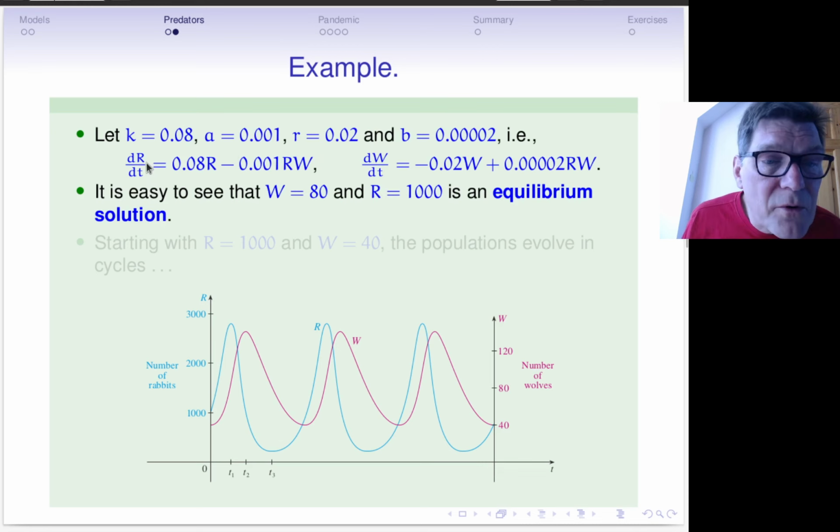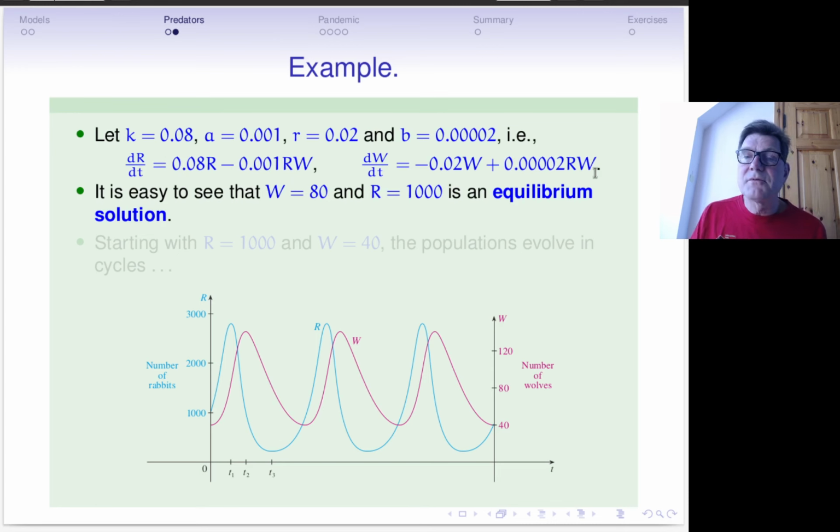Here we have a formula for the derivative of the rabbit population and the wolf population, and so these derivatives are zero when those right hand sides are zero, and in the formula for the rabbit population you can take R out as a common factor. Here you can take W out as a common factor.